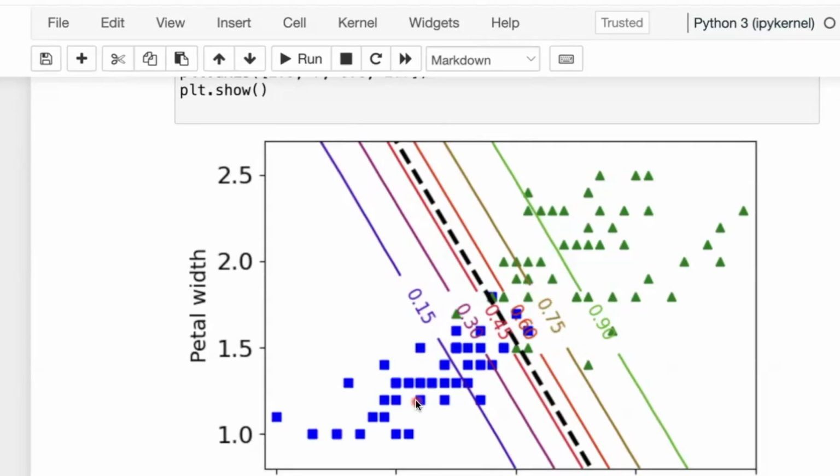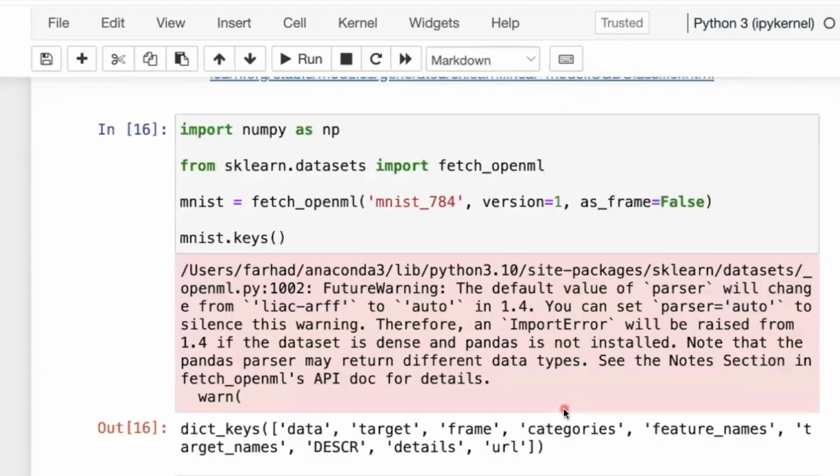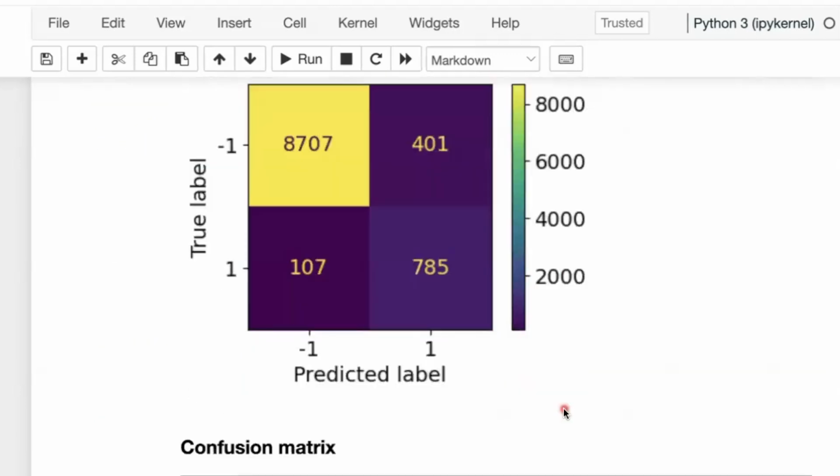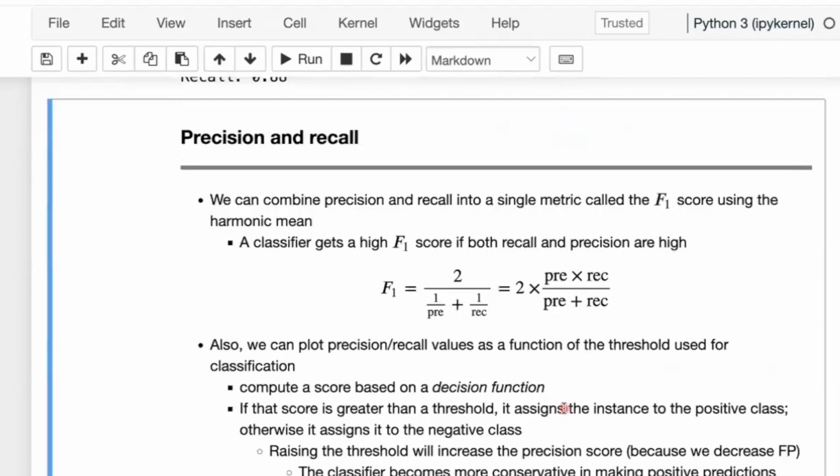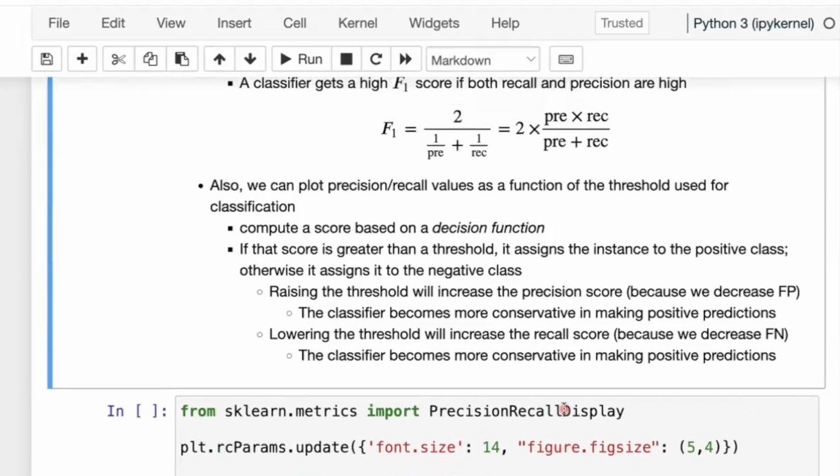And obviously, this will give us a different precision and recall score than the one when we use this dashed black line here.